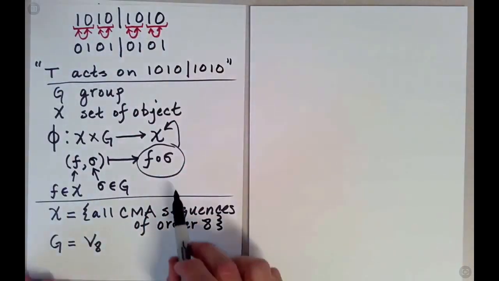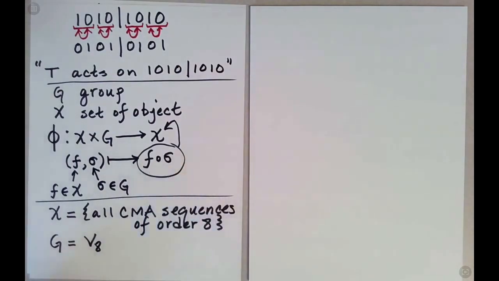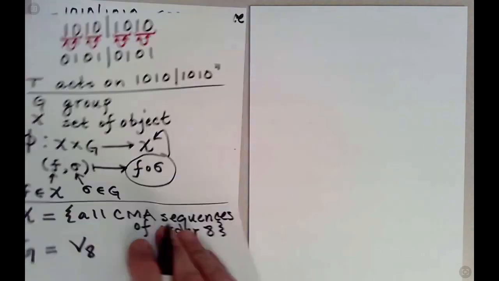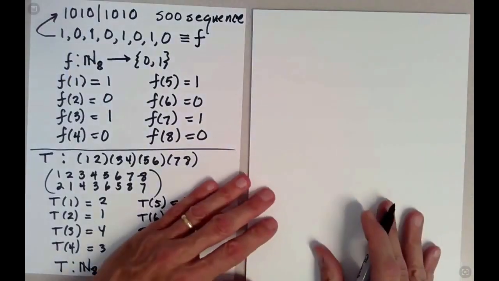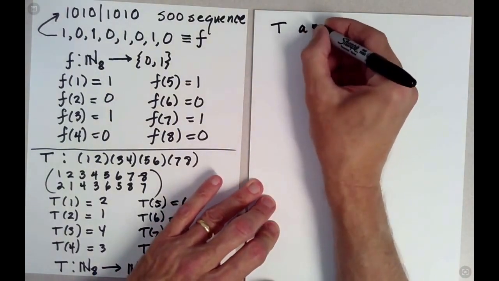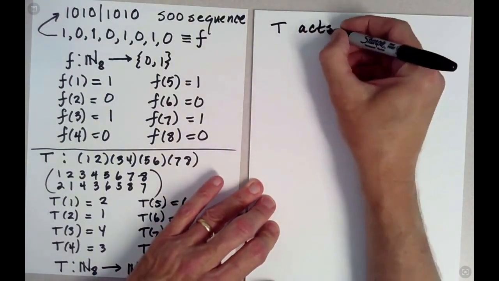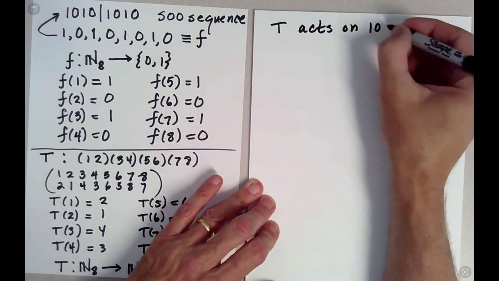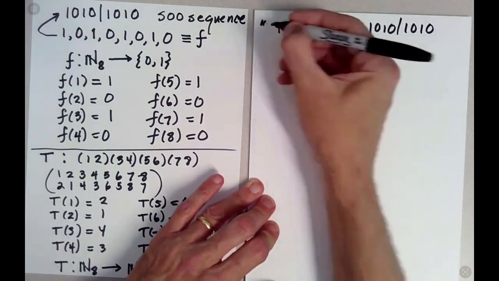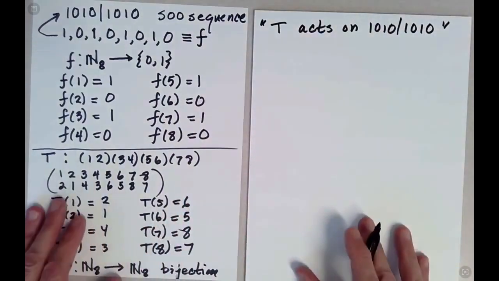Well, our group action is defined in this way, namely function composition. So we can say that this is what will happen. So T acts on f, which can be described as follows.